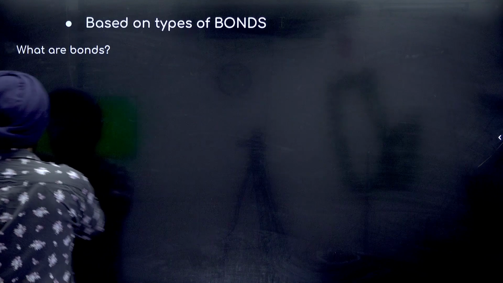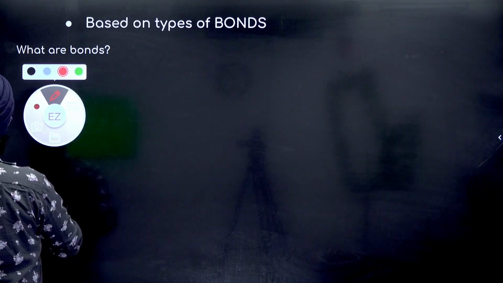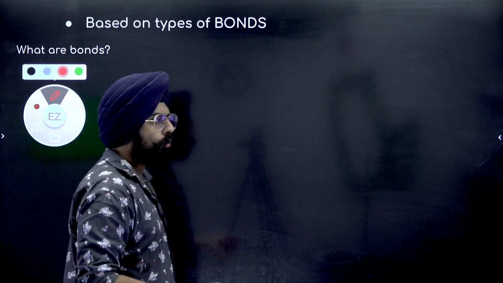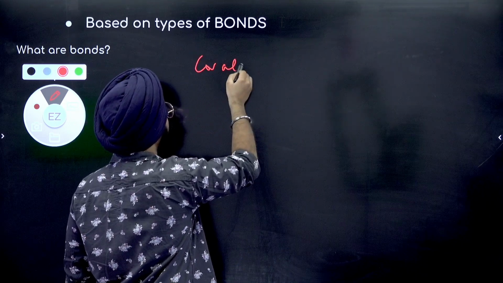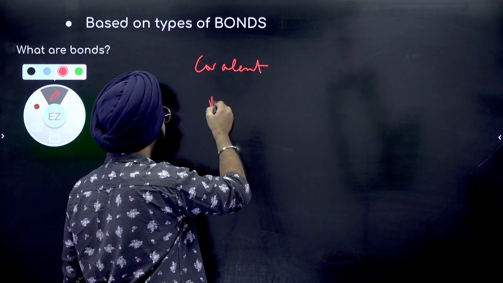Bond is a name given to an attractive force that keeps atoms together. Yeah? Basically, it's an attractive force, right? Which is keeping 2 or more atoms together. So, you could have different types of bonds. You could have covalent bonding. Yeah. You could have metallic bonding.